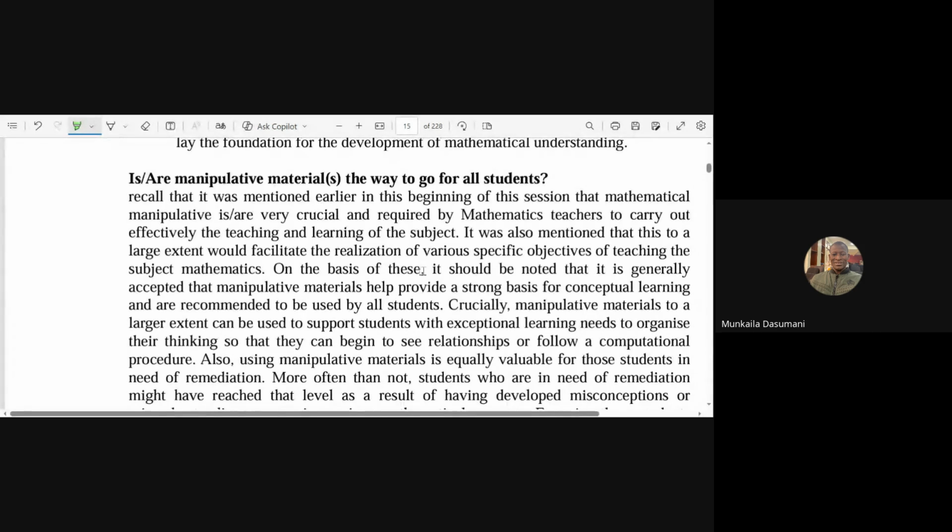So the first one should be noted: it is generally accepted that manipulative material provides a strong basis for conceptual learning and is recommended to be used by all students because of that strong basis. That's one of the reasons. You can also talk about materials to a large extent being used to support students with exceptional learning needs.